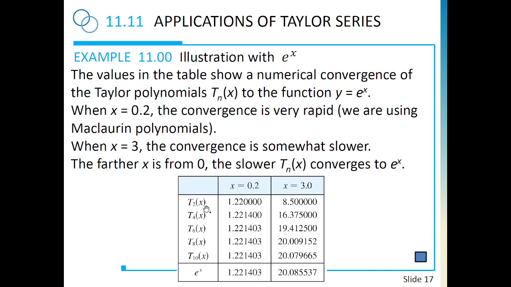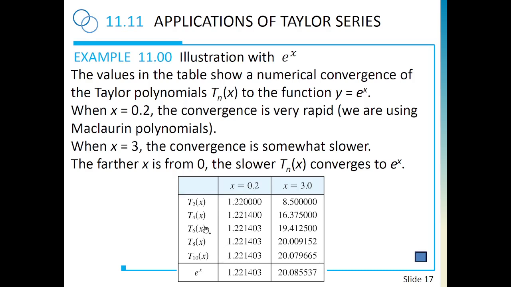Now what happens with the approximations when we use Taylor polynomials? The Taylor polynomial of degree 2 gives us a decent approximation. We already have 2 decimal places just with polynomial degree 2, because we are very close to the center of the series. The center of the series was 0, so when we are close to 0, we get a decent approximation. The higher the degree of polynomial, the better the approximation.